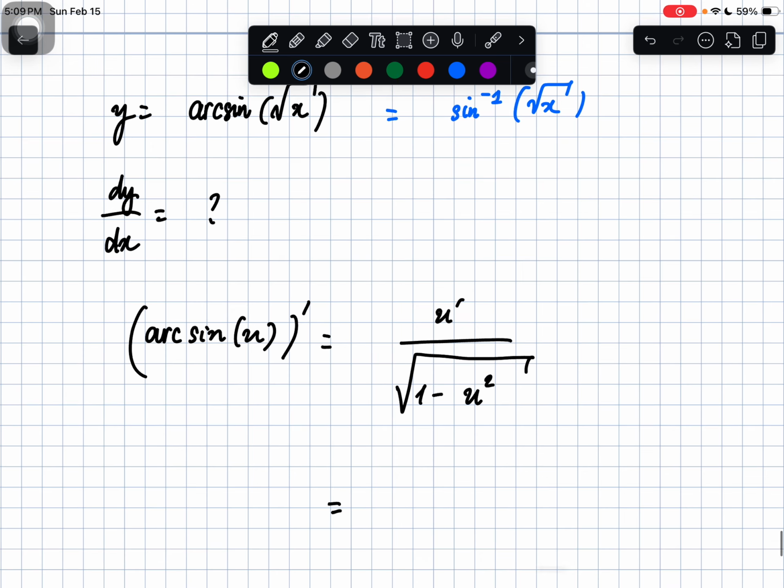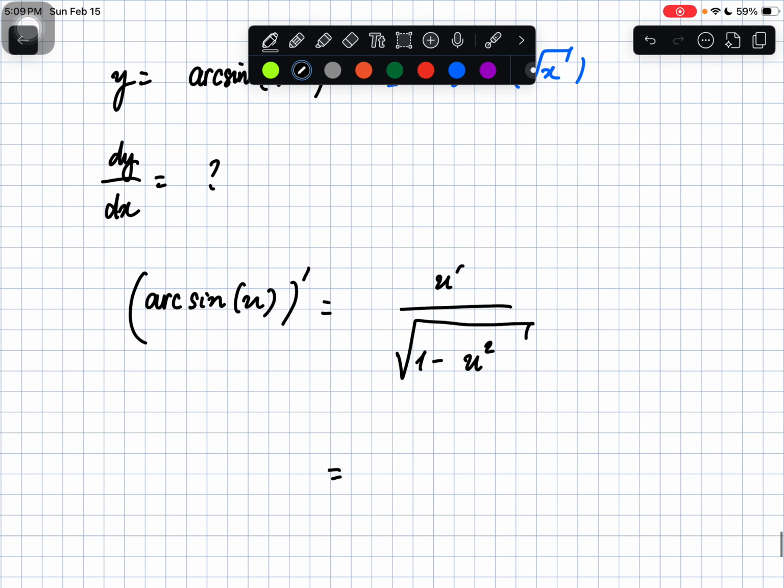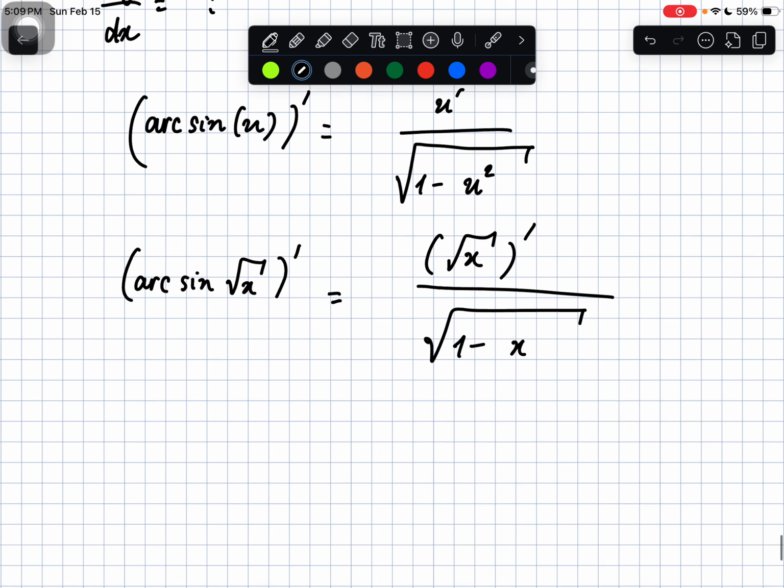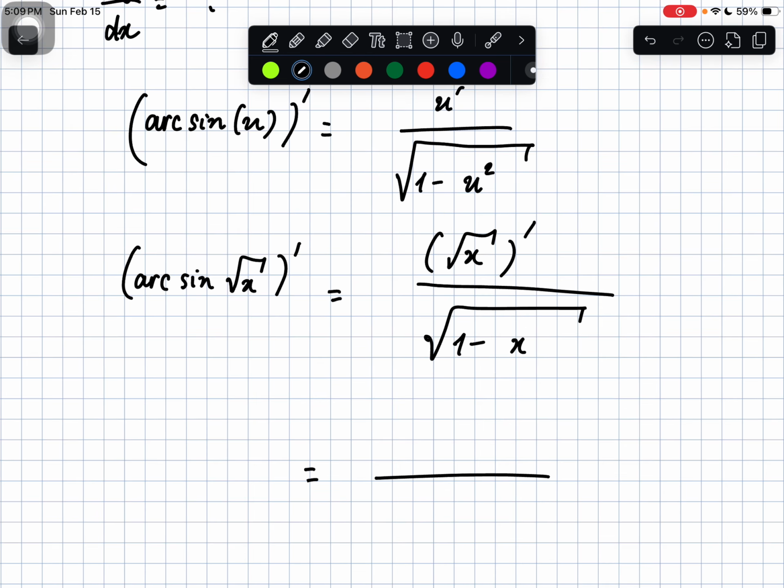In our case, u is the square root of x. So we have the derivative of the square root of x, over the square root of 1 minus u squared, which is 1 minus x. Up there you have x to the power 1/2, prime. Down there you have the square root of 1 minus x.